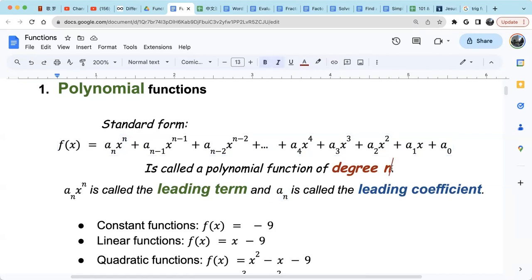Okay, so let me write down here. n is a counting number or positive integer, right?